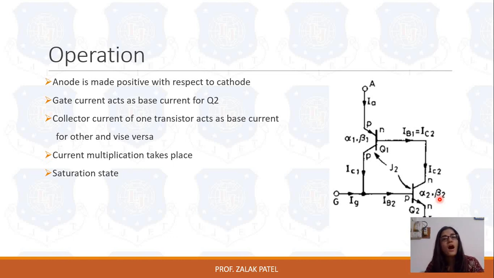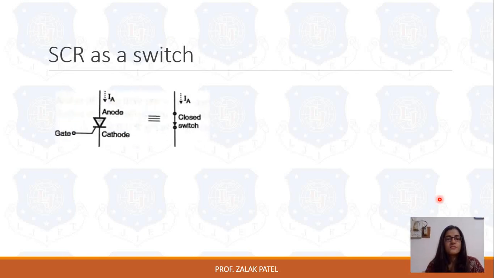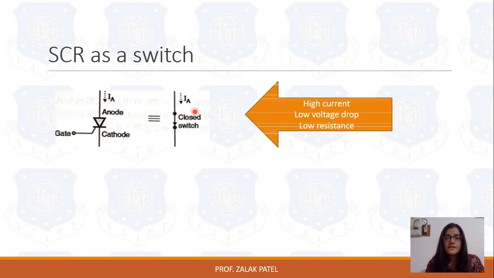Now let's see how it works as a switch. First consider this figure, where the SCR works as a closed switch. Here the anode current IA passes through the SCR. Because of the anode current passing through it, it has higher current and lower voltage drop, and because of the higher current it has low resistance.